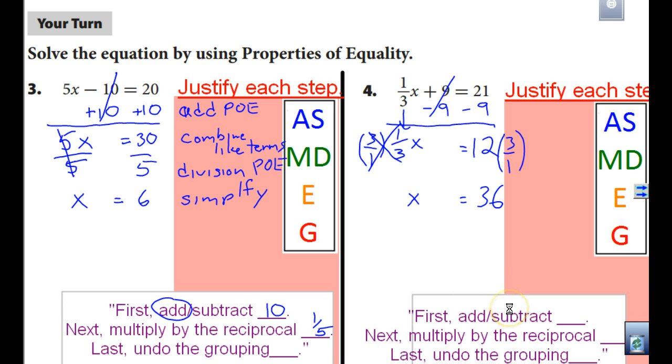And then be able to, if asked to, write a sentence explaining everything. First I subtracted, oh, we didn't put the properties in. So here we do the subtraction property of equality. Here, I'm just going to say simplify. Here we did the multiplication property of equality and simplify again.